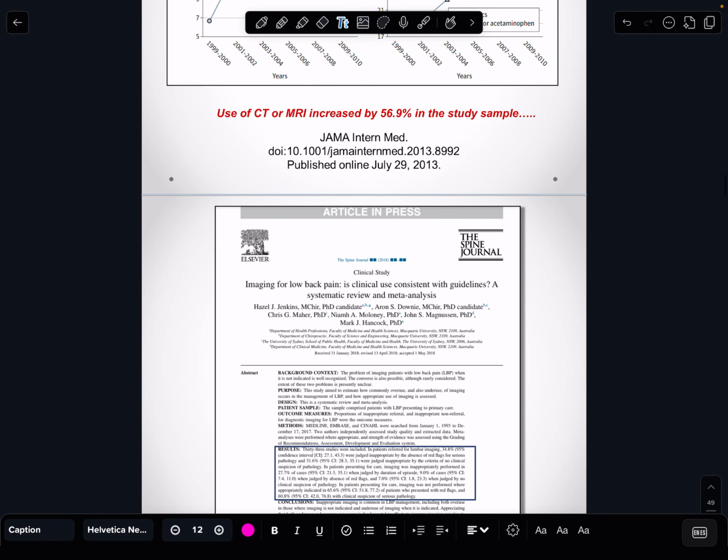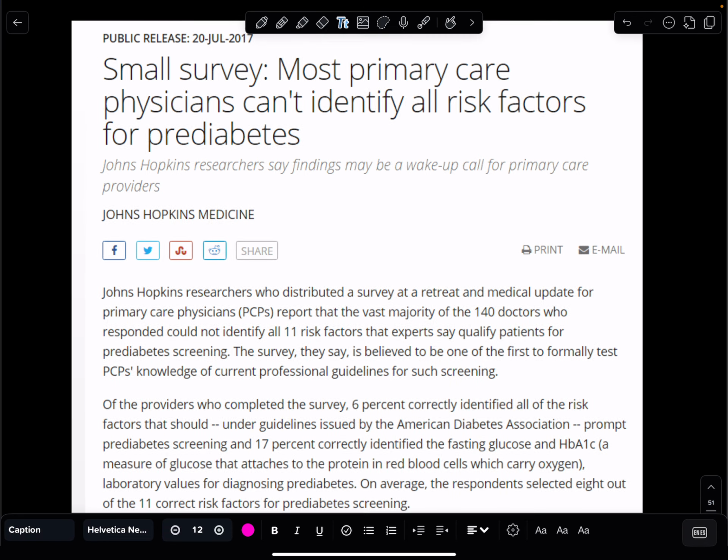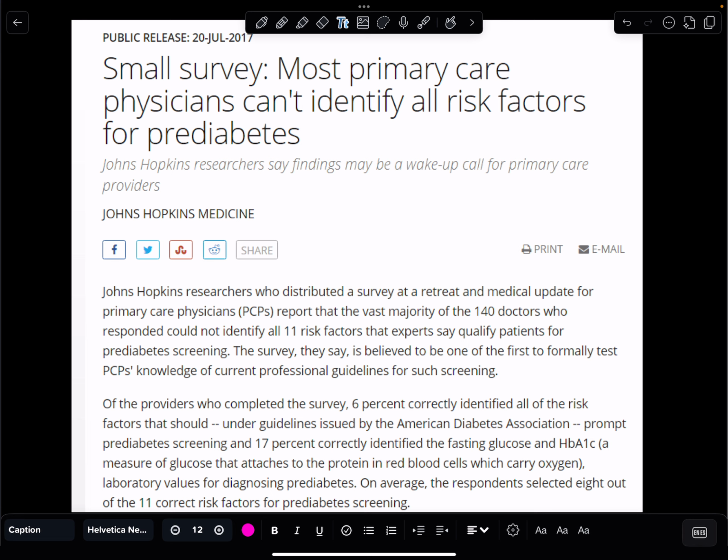Bring up the diabetes thing again. This is a study that was done with Johns Hopkins physicians. Now, think about this. What's the importance of risk factor screening for folks who are diabetic? What's the importance of risk factor screening at home? Prevention. Is prevention important? Why are you guys doing this stuff? Is it just because Kaiser's altruistic? You just love your patients?